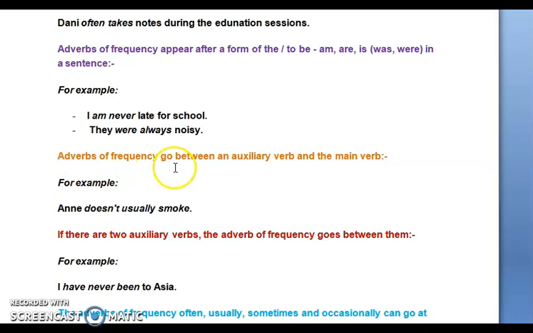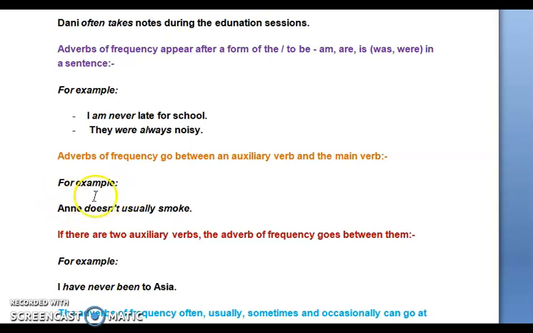Adverbs of frequency go between an auxiliary verb and the main verb. إذا عندنا الظروف أيضا بتبين ما بين الفعل المساعد والفعل الرئيسي. أوكي خلينا نشوف الأفعال المساعدة ممكن تحتاجها كلمة زي does, do, have, has. هدول كلياتهم auxiliary verbs.